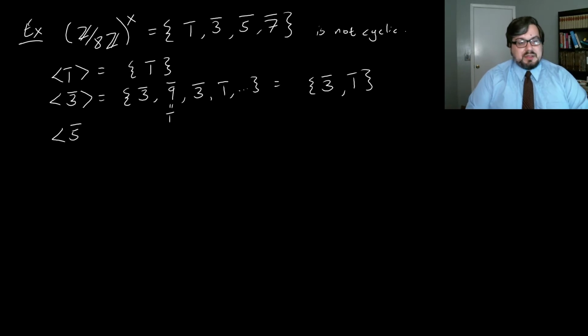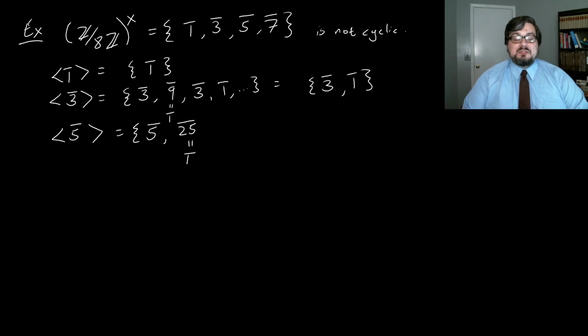We could do the same thing with the cyclic subgroup generated by 5. That's going to give us 5 bar. Then 5 bar times 5 bar would be 25 bar. But 25 bar is, again, 1 bar, because 25 is congruent to 1 mod 8. And multiplying by 5 a bunch more times is not going to change any of that.